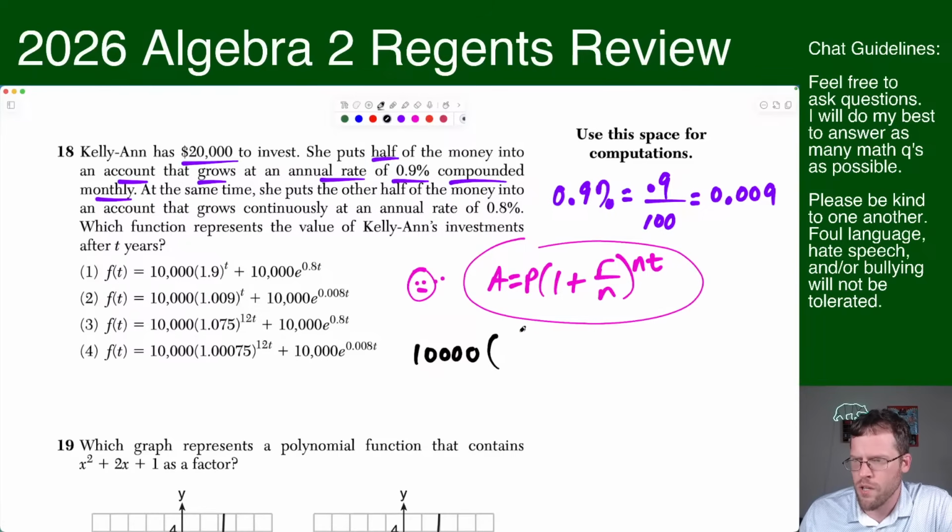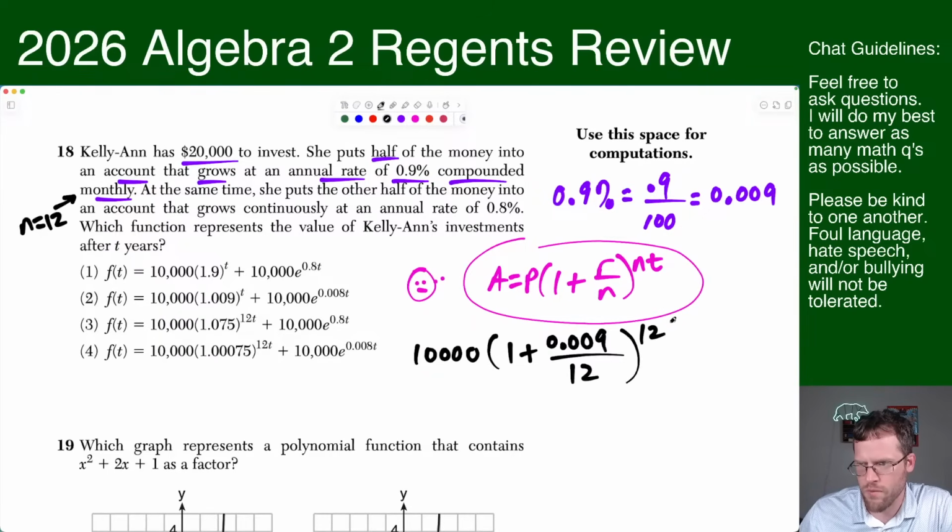And then we're doing 1 plus the rate, 0.009 over, and compounded monthly is 12 times a year. So n equals 12, so over 12 and then to the power 12t.